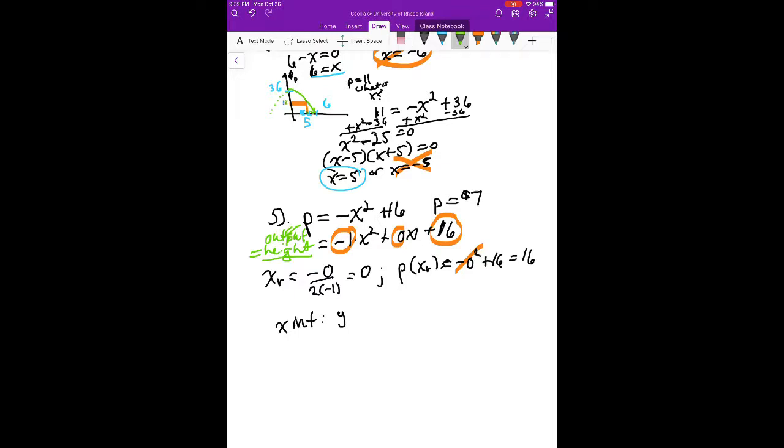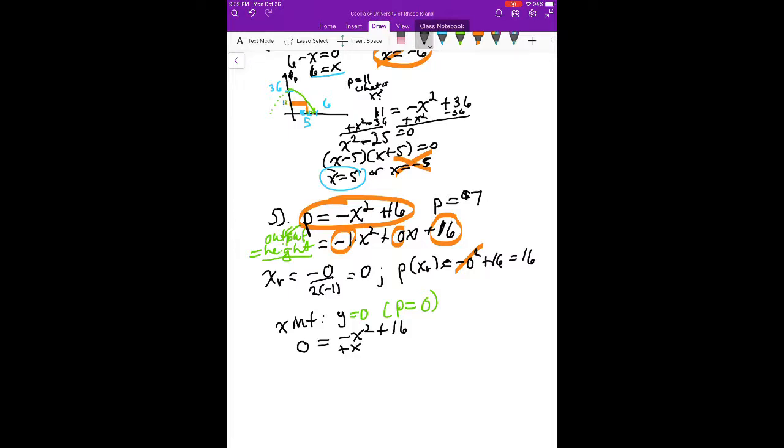Okay, y is equal to 0, or in our case, p is equal to 0. So we want to go back over here, and we're going to set this function equal to 0 for p and solve for x. So 0 equals negative x squared plus 16.